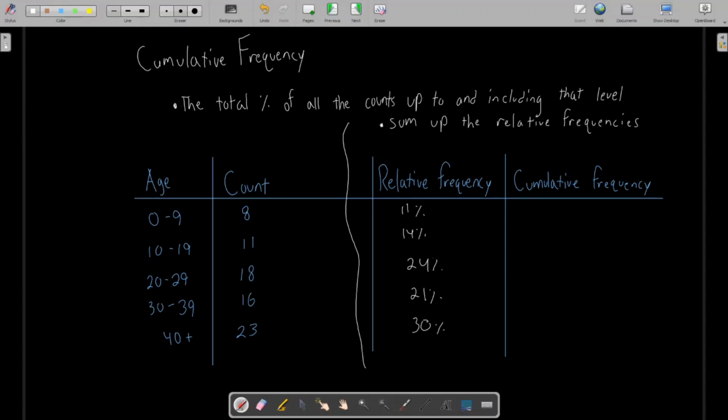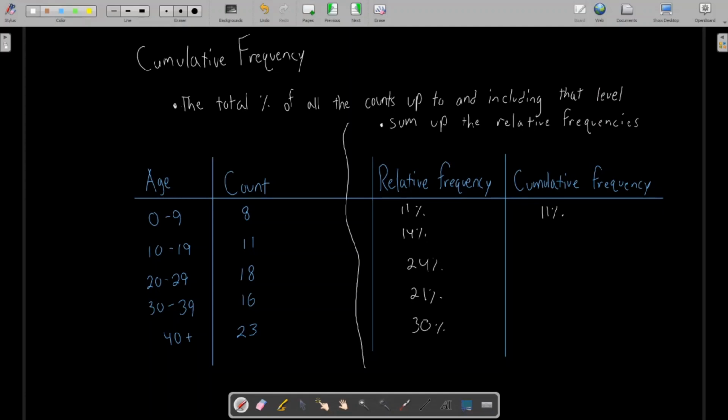So for instance, 11% of people in this data are aged 0 to 9. So the cumulative frequency will also be 11% for this first group because it's just that group. There are no groups before it. But when we take the cumulative frequency of the age 10 to 19 group, what we are really saying is what percentage of people belong in groups from 0 to 19, 10 to 19 plus all of the previous groups before it.